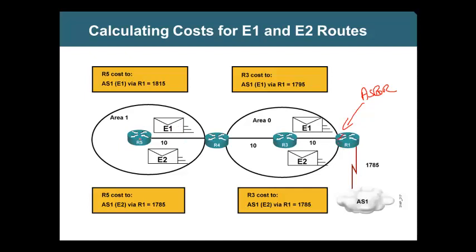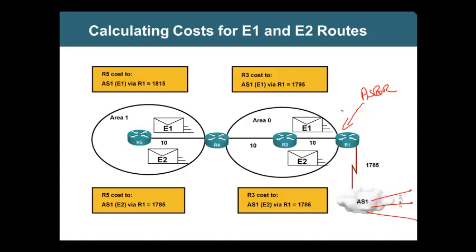So using that, it will send the packet to this one. Type 4 LSA provides the location of the ASBR. To reach that location, we already have the shortest path.